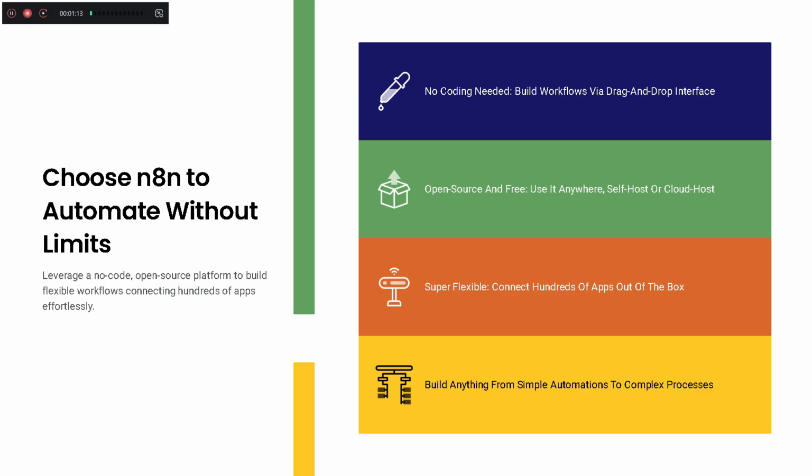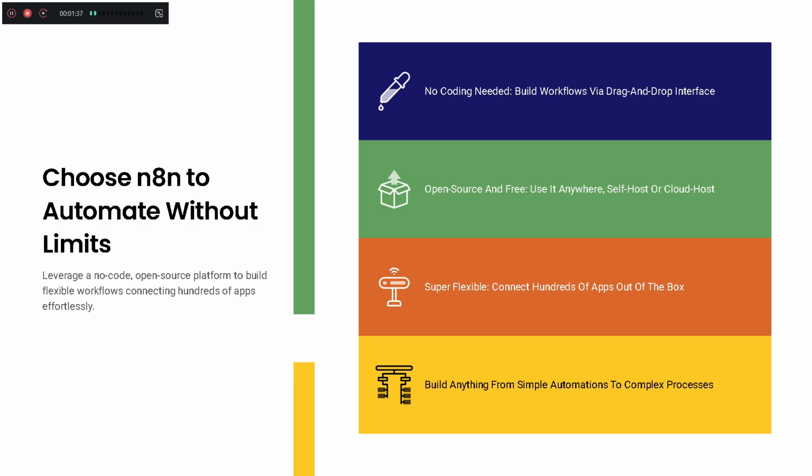Choose N8N to automate without limits. It leverages a no-code open source platform to build flexible workflows connecting hundreds of apps effortlessly. It connects more than around 3000 apps. And the most important thing is no coding is needed.